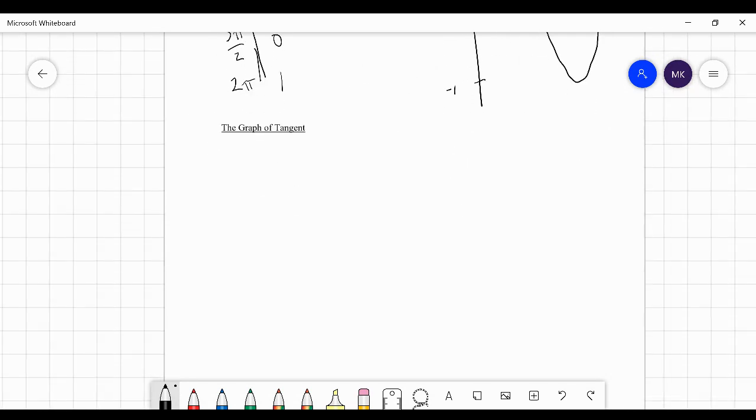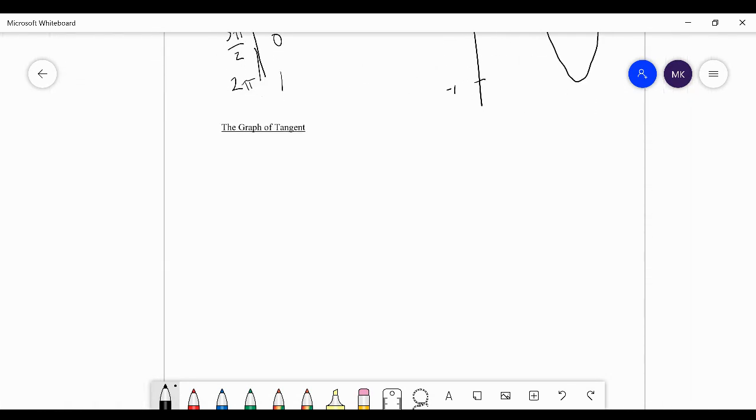Now, the tangent function is different. You can graph that on your calculator and see, but I'm just going to very briefly give you a little sketch of it. I don't really want to go too far into it.